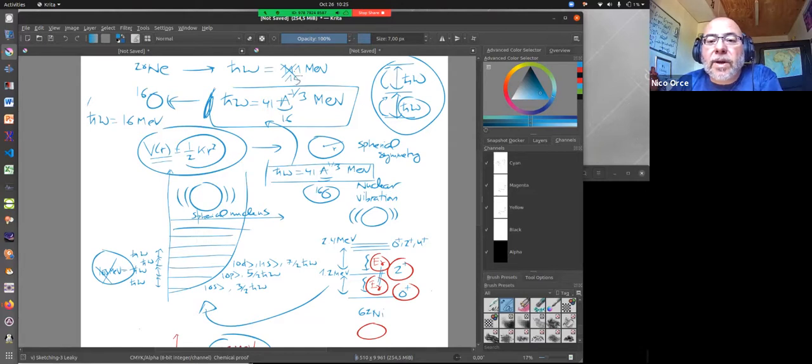It's important that we know more or less what these shells are. 100 MeV would be very difficult for one particle to move from here to here, and that would be impossible to create any nuclei. So this mistake of having a plus here instead of a minus would affect tremendously our world.